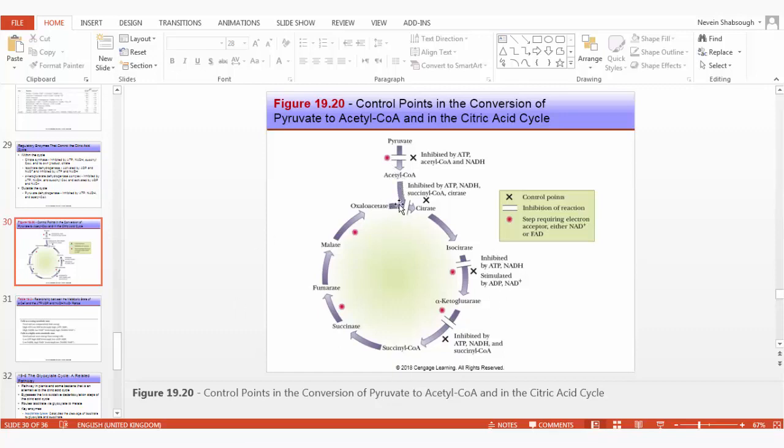Now, if we look thoroughly at these points, all of them are inhibited by ATP and NADH. These are the end products of a series of reactions.